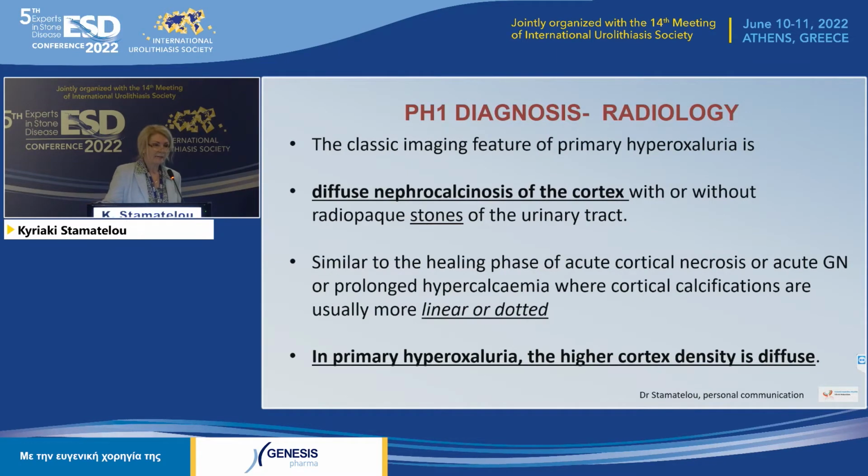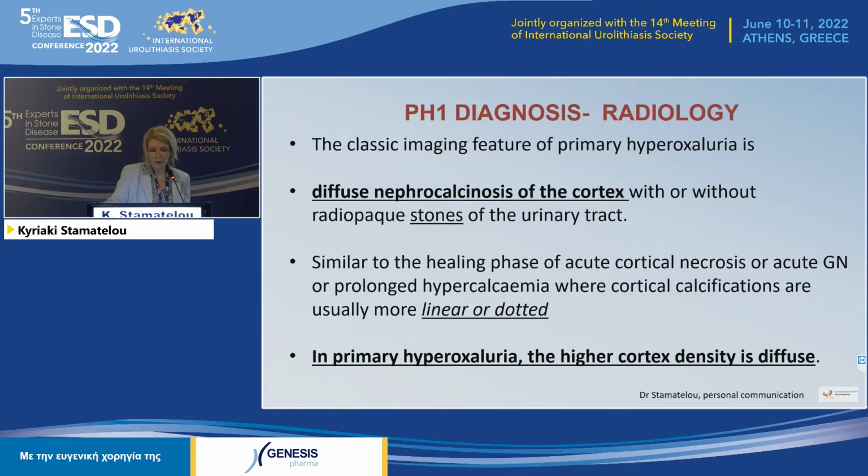Let's look at the characteristic findings in radiology. Ultrasound. Stones could be bilateral, but they could also be absent. There could be a patient who has already passed the stones. So what else are we looking for? We're looking for diffuse nephrocalcinosis.